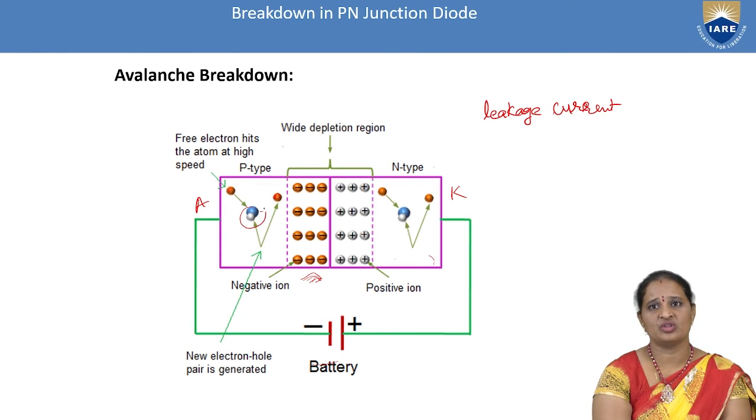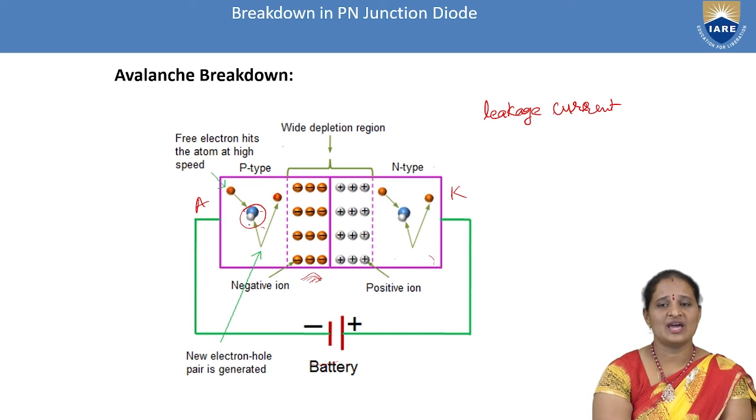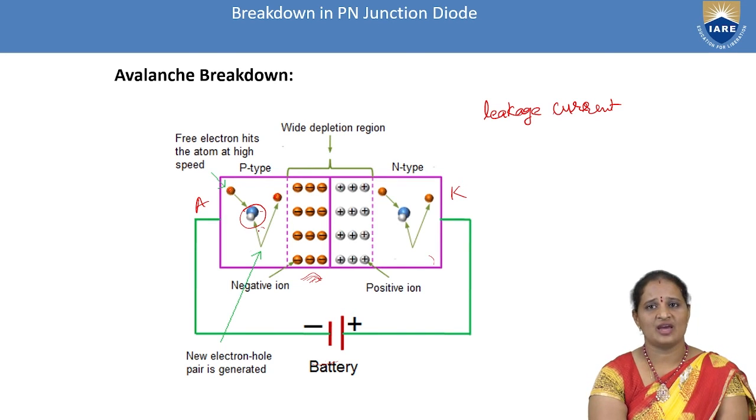Here I have shown the atom. So they will collide with the atoms, hence breaking the covalent bonds and creating new electron hole pairs. One electron colliding with an atom will create an electron hole pair, meaning an increase in the number of majority and minority charge carriers.